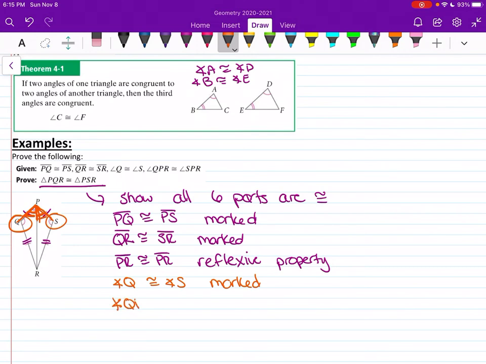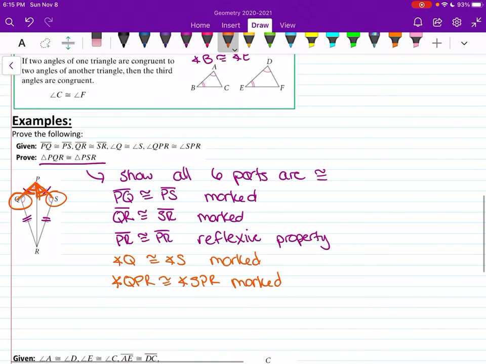So angle QPR is congruent to angle SPR, and that's marked. And then my last angles are these angles down here on the bottom. So angle QRP is going to be congruent to angle SRP.